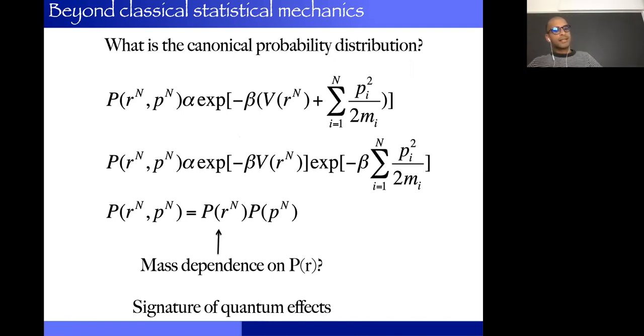So now let's think about a system moving in a Lennard-Jones potential or in a harmonic potential. It's vibrating in that potential with some mass, and at some temperature, kBT. Now I'm asking, what is the probability of finding the system at a particular set of positions and momenta given this potential?